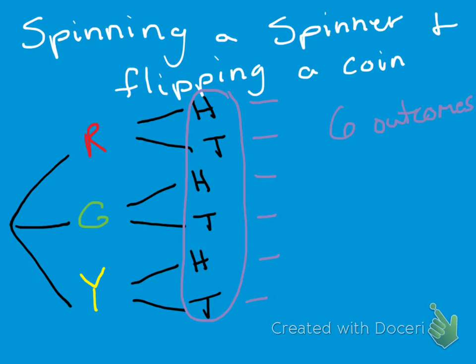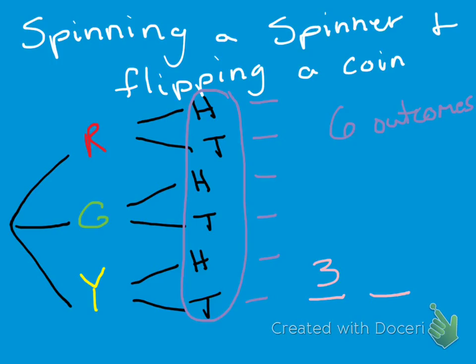Now, if you think back to the previous example, how did I find my outcome without making that tree diagram? I'm going to draw 2 blanks because I have 2 objects that I'm working with. The first one is my spinner, and how many options do I have with my spinner? 3 is the correct answer.